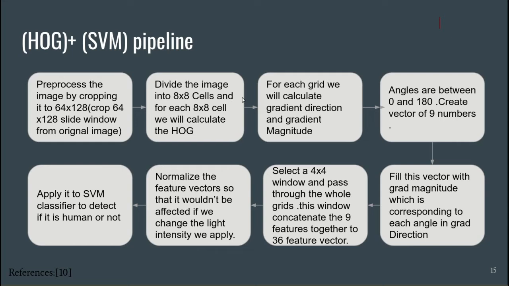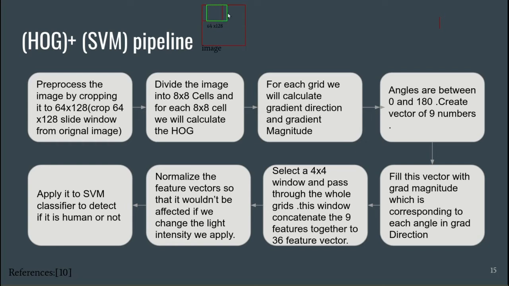As you can see, I've summarized it in this pipeline, but I would like to explain it on a drawing. Let's say we have an image, and from this image I will crop a sliding window with a dimension of 64 times 128, and I will calculate HOG plus SVM for this cropped image.